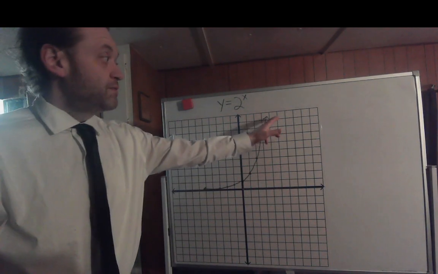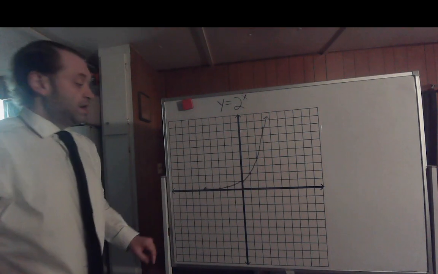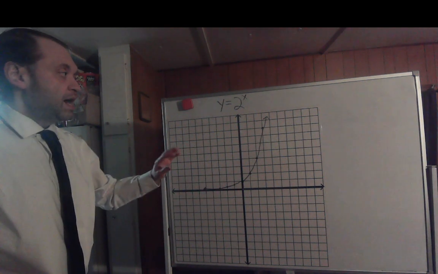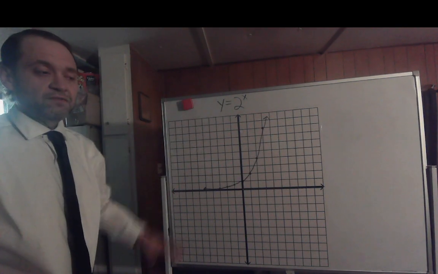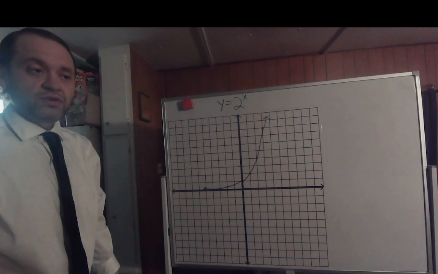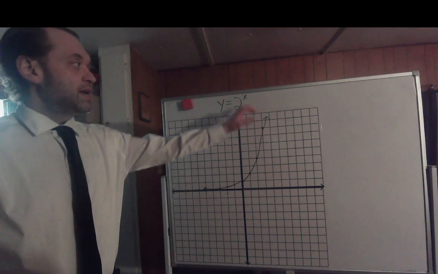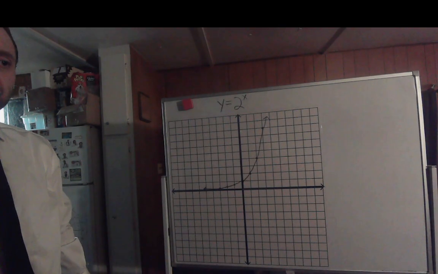If I put in 4 for x, I'd be all the way up to 16, right? But notice the further left I go, I keep getting smaller and smaller. If I put in x being negative 4, I would get 1 over 2 to the fourth, which is 1/16.